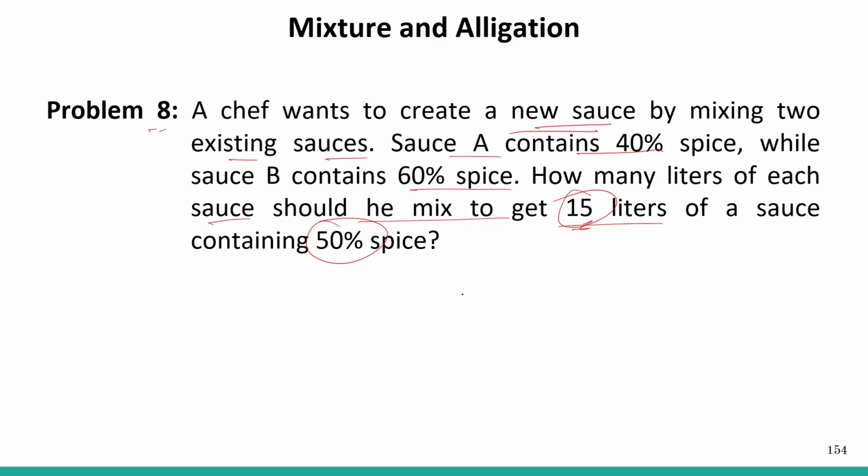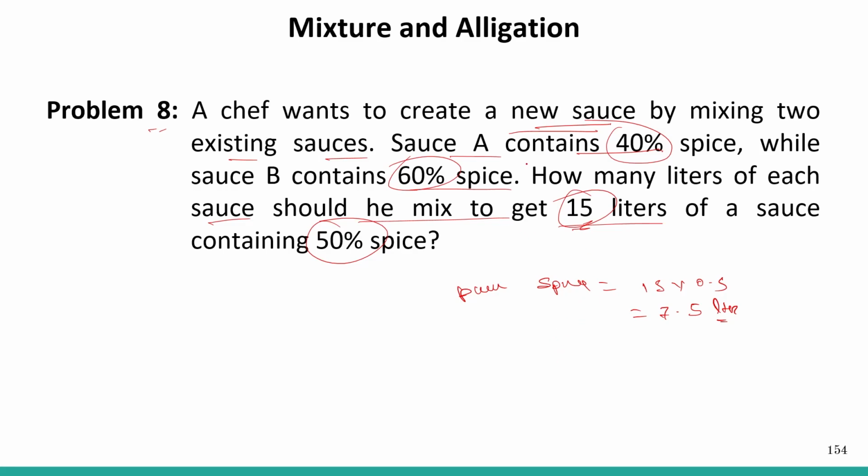Let's see, pure spice is equal to 15 into 0.5, that is equal to 7.5 liters. So we have two varieties of sauces which have different amounts of spice in them.